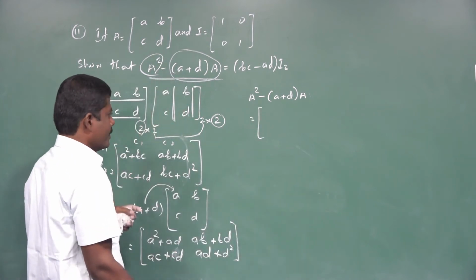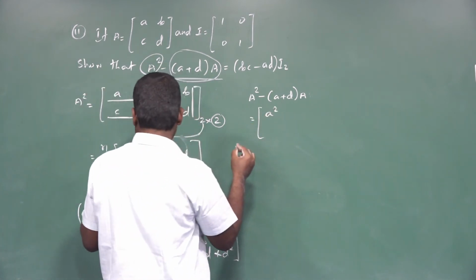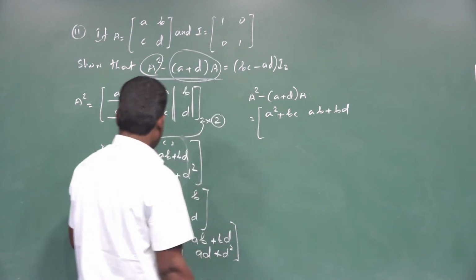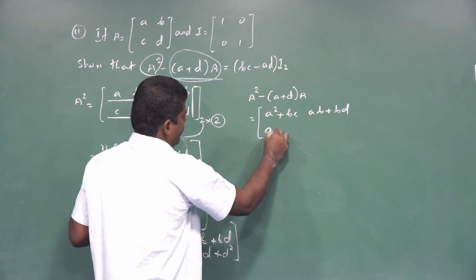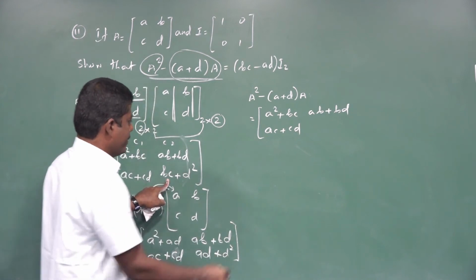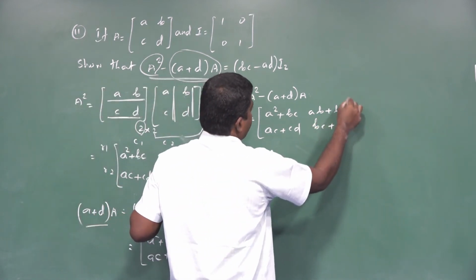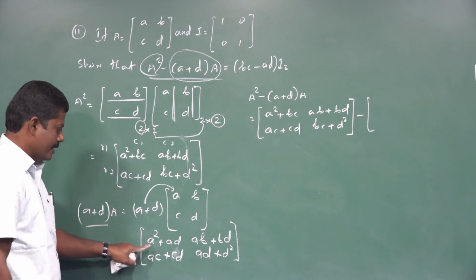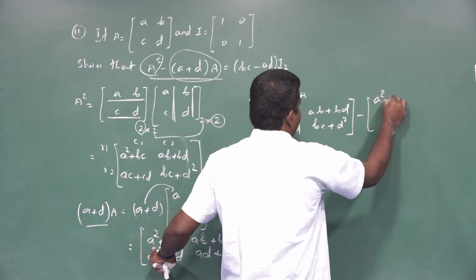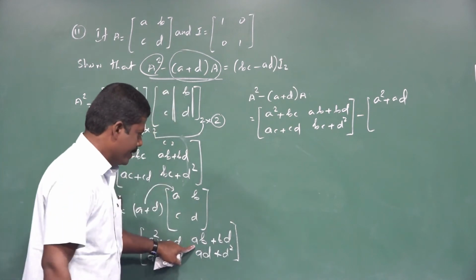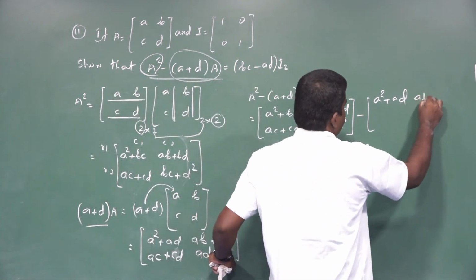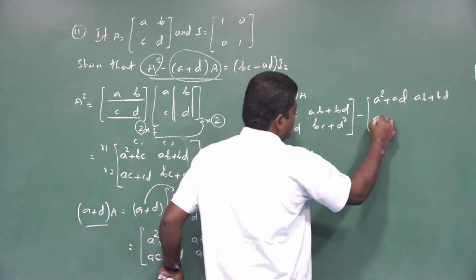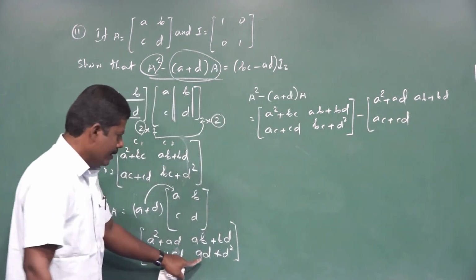The A square matrix is A square plus BC, AB plus BD, AC plus CD, BC plus D square, minus the matrix (A plus D) times A, which is A square plus AD, AB plus BD, AC plus CD, AD plus D square.